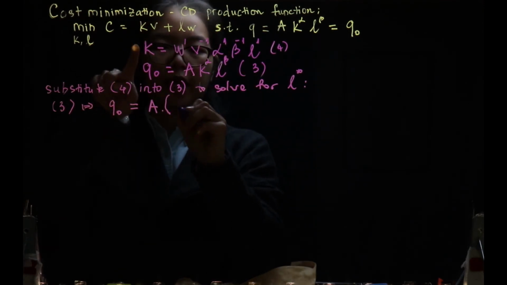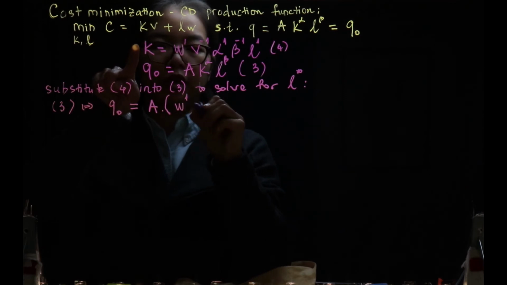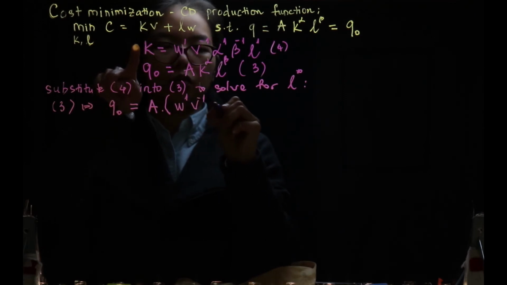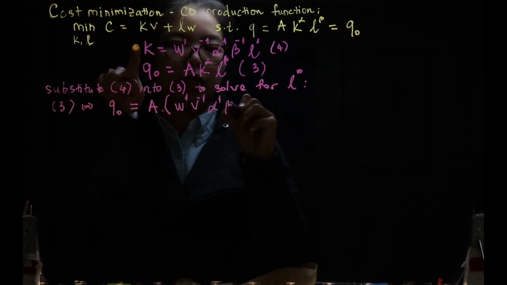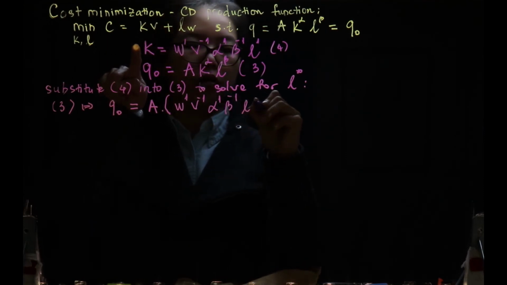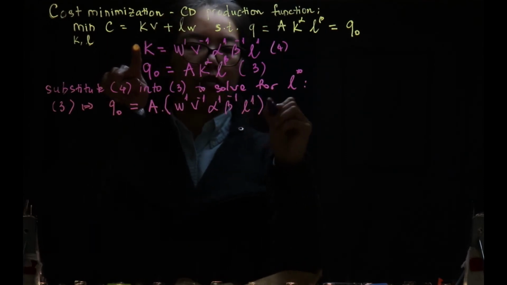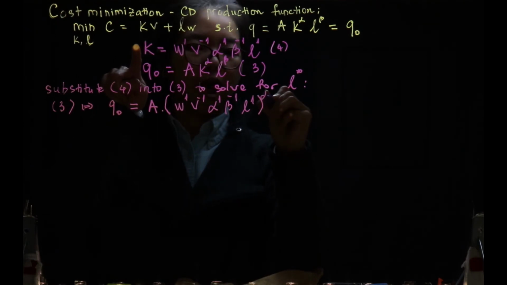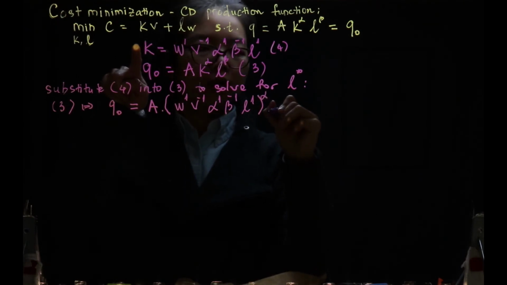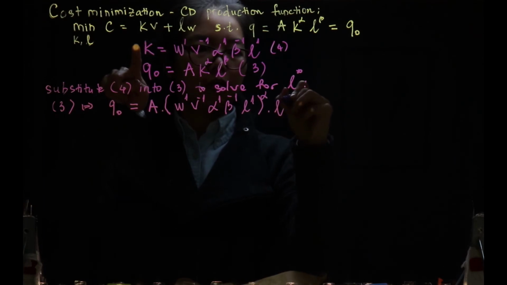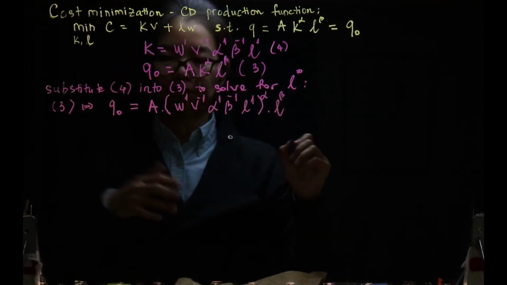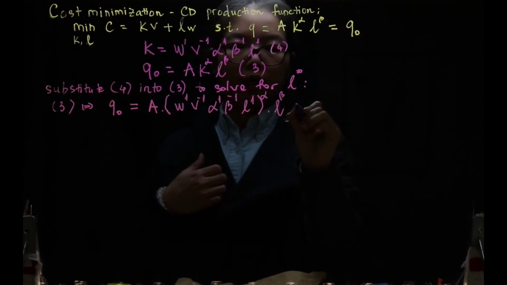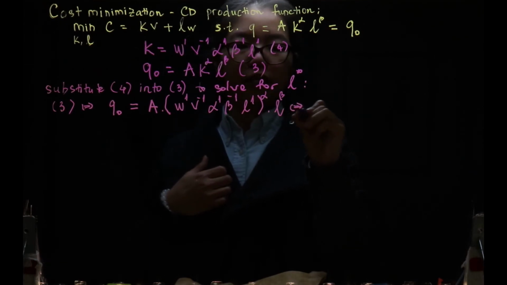So here is the K. First we write everything, V minus 1 alpha 1, beta minus 1 L 1, everything in brackets to the power of alpha, right? Times another L but to the power of beta. Okay. Now let's simplify that.